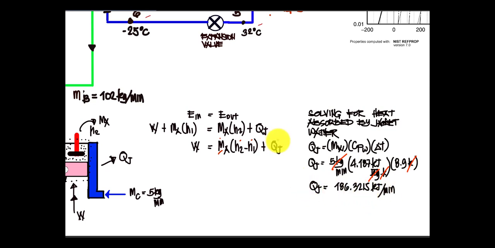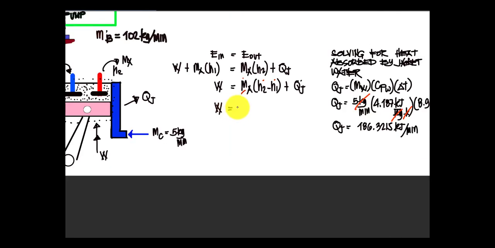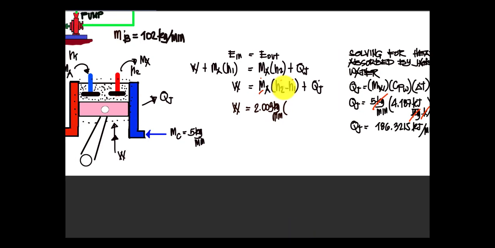Now we have all the given values, so we can compute the work being supplied to the compressor, or the work of the compressor. The mass flow rate of the ammonia is 2.009 kilograms per minute. Then I will multiply this by the change in enthalpy.